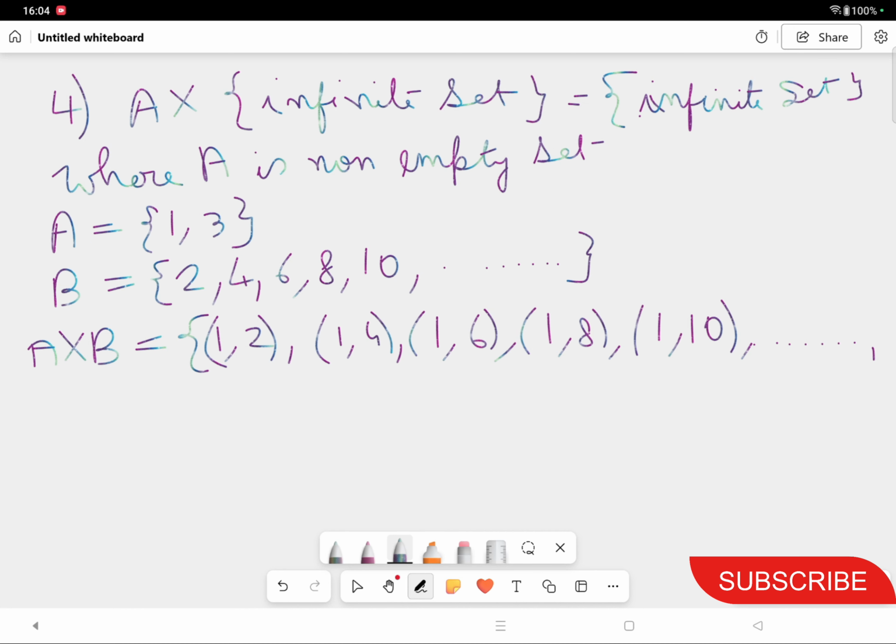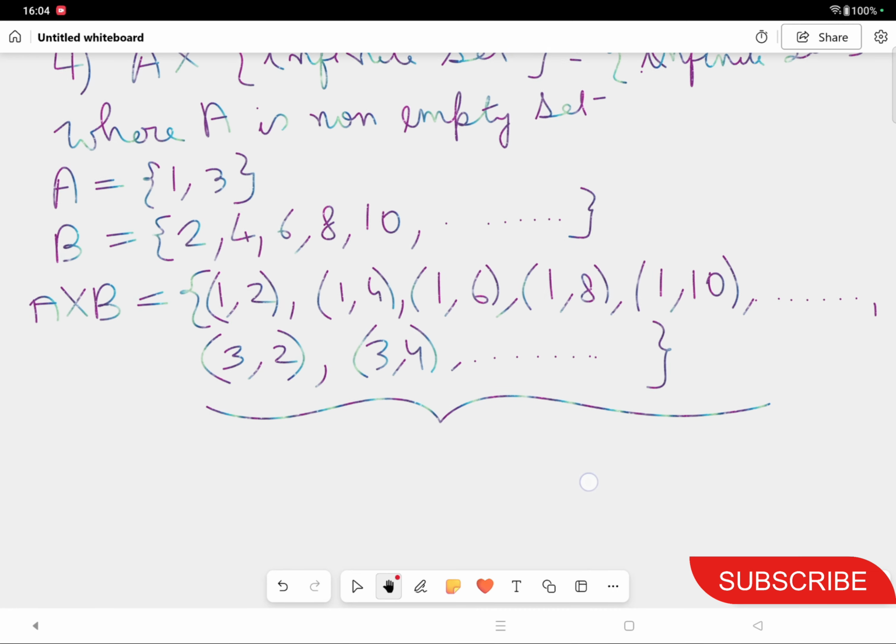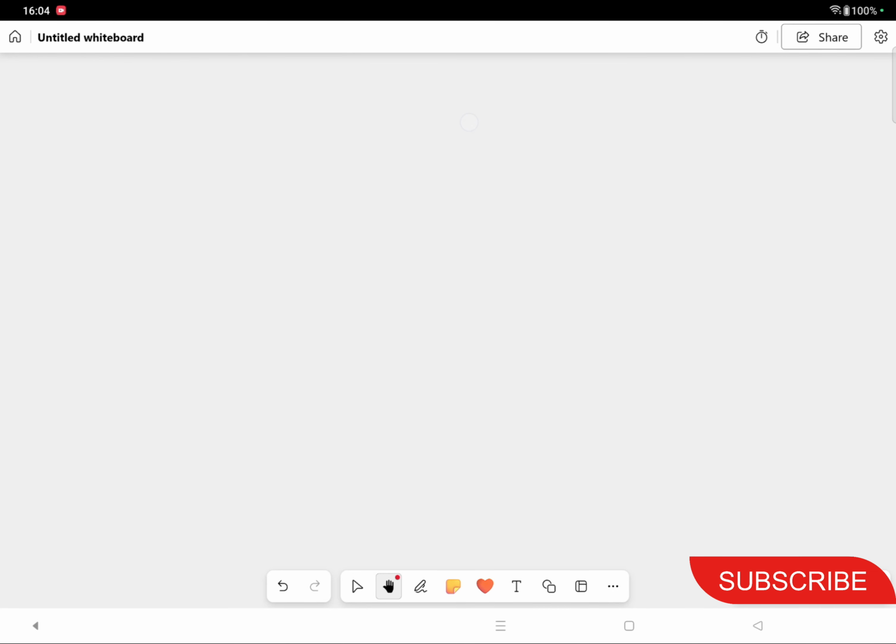And again if you take the combinations of 2, 3, 2, 4, again it will go on. You don't know where it will end. That's why the resultant set which you get will obviously be an infinite set. So therefore A cross any infinite set will be an infinite set, where A is a non-empty set.